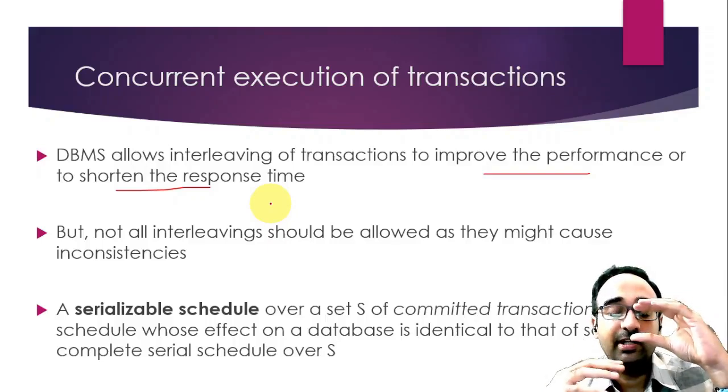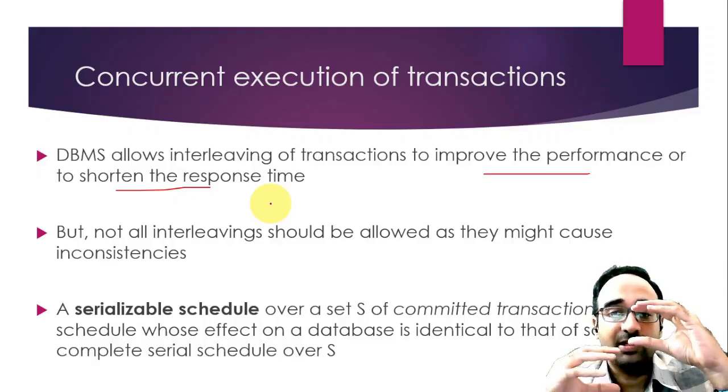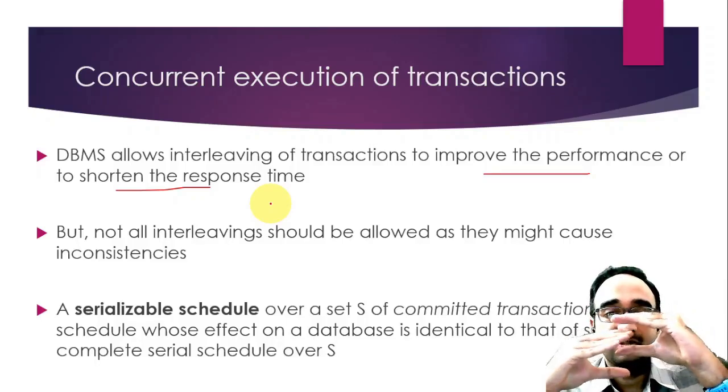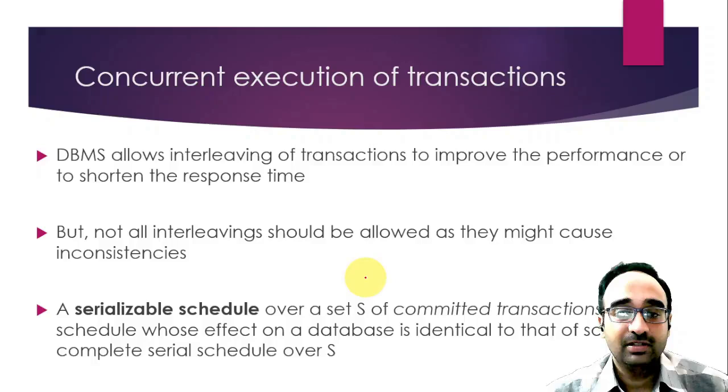It will be waiting until T1 is performed, so the response time for T2 is very large. That's why, to shorten the response time, the transactions are allowed to execute in between each other. This is called interleaving.